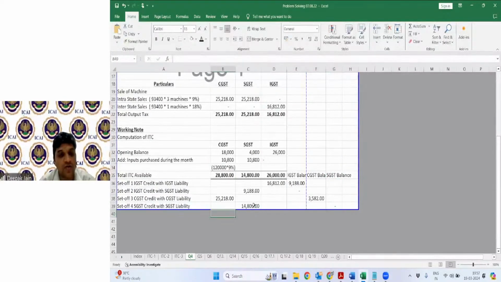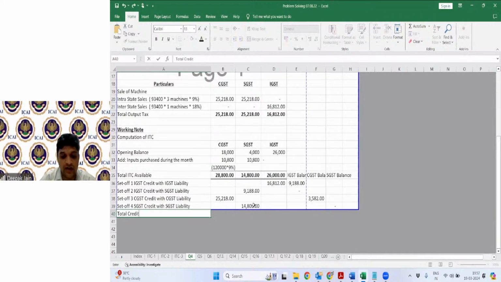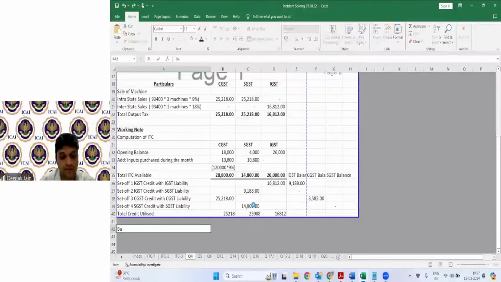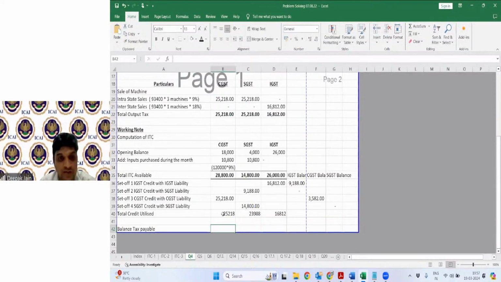Correct. Now, आपका total credit, what you have utilized, total credit utilized is this much. Correct. And balance tax payable. Your output is this much and your credit is this much. So from your output, you will pay from your credit itself. This also, you will pay your output of 25,218 from your credit.